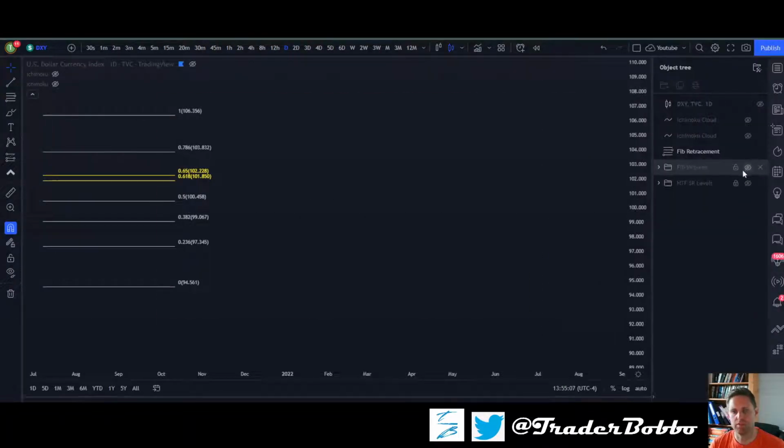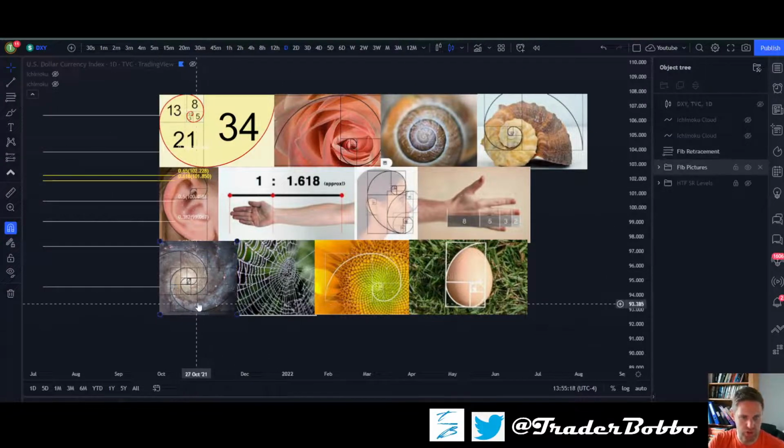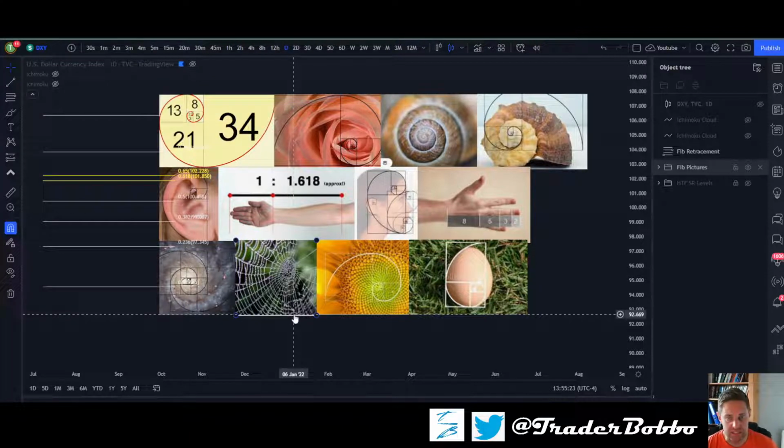Let me bring up a few pictures to show you. So he found how snails, the line moves away. You can see this correlation here, this line, and here the universe, spider webs, eggshells, cactus leaves. They all had a pattern of expanding by 1.618.